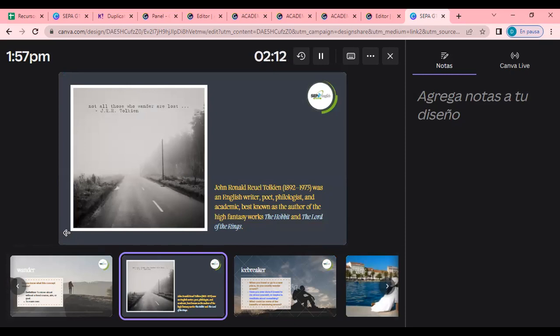John Ronald Reuel Tolkien was an English writer, poet, philologist, and academic, best known as the author of the high fantasy works The Hobbit and The Lord of the Rings.